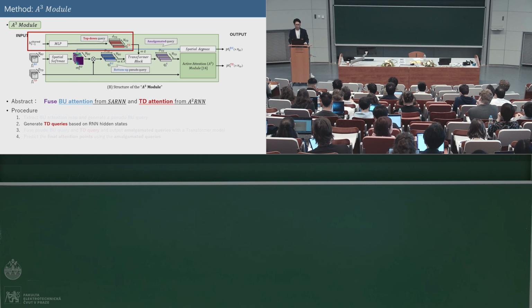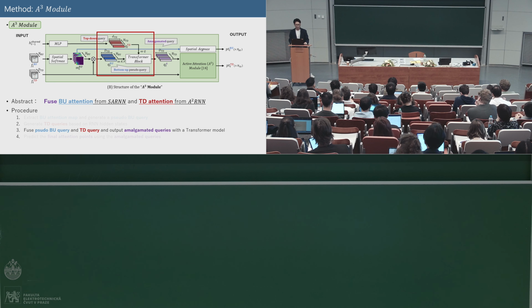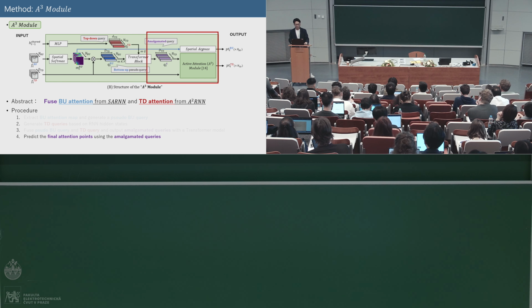Next, in parallel, we also generate a top-down query based on the temporal feedback. Once we have both queries from bottom-up and top-down attention, we fuse them using a transformer block, which has a cross-attention module. And then the resultant amalgamated query is used to predict the attention points for the final attention output.